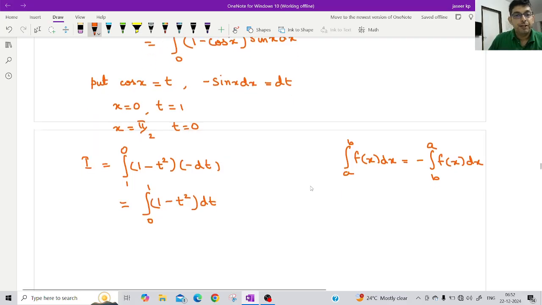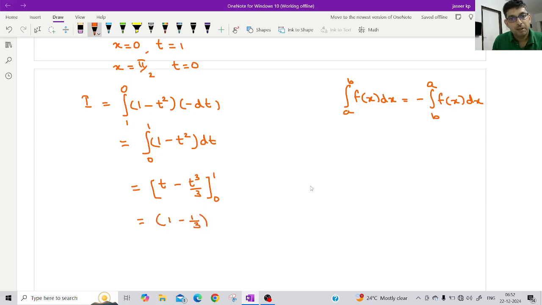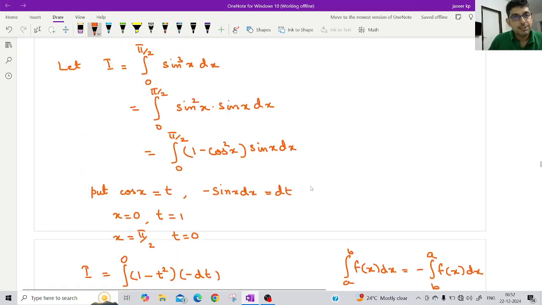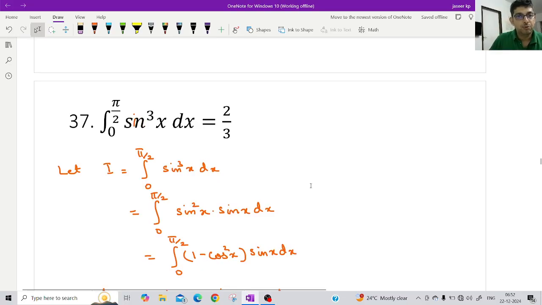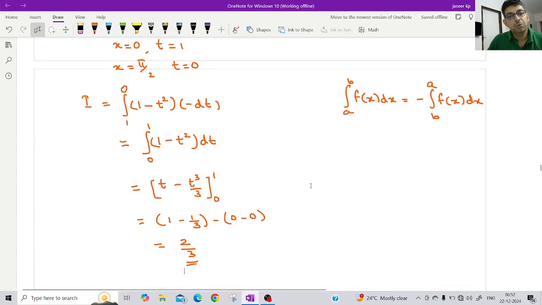Now if you integrate one by one, it will become t minus t cube by 3 from 0 to 1. If you apply the limits, 1 minus 1 by 3 minus 0 minus 0. So that means it will come as 2 by 3. So this is the answer, that is only we are asked to prove. So 0 to pi by 2 sine cube x dx is equal to 2 by 3.